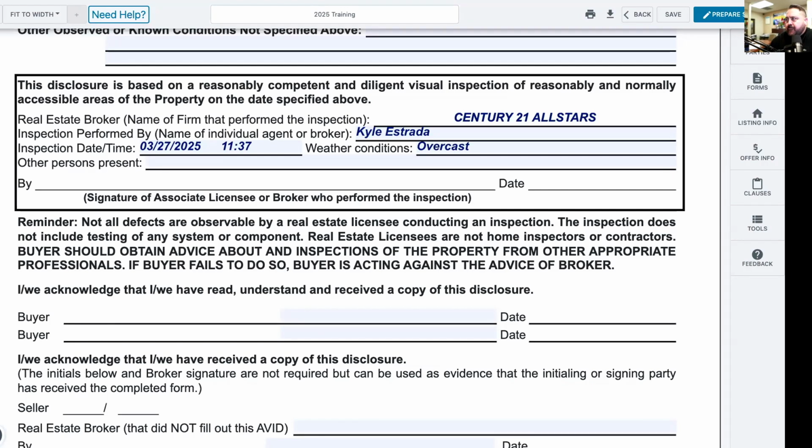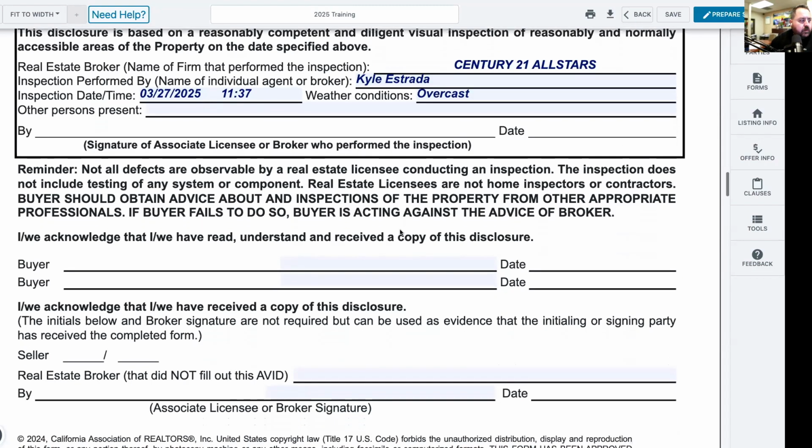I might have missed it. On the very last part, on the acknowledgment, it says initial below and broker signature not required. But it has the seller initials. So I never took a look into that. It says they have received a copy. So can you explain that?